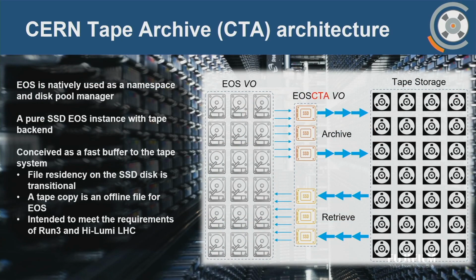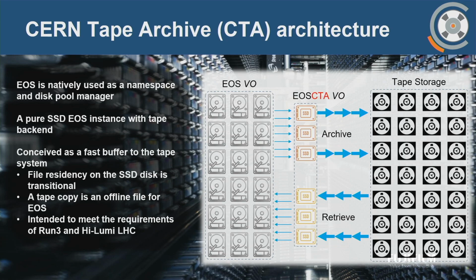Let's now have a look at the CERN Tape Archive architecture. This is basically a smaller instance of the EOS. It's using the same software as a namespace and disk pool manager. However, instead of using spinning disks, it's using SSDs.